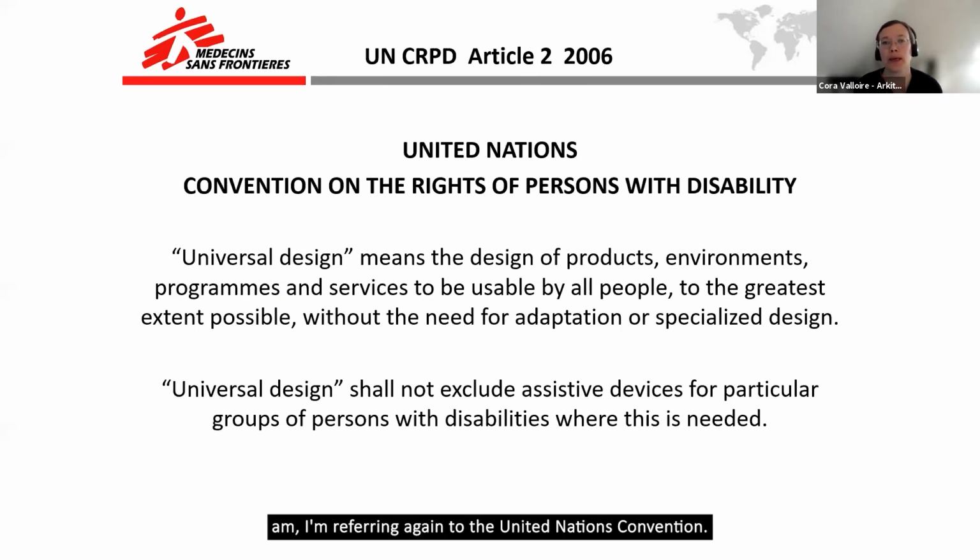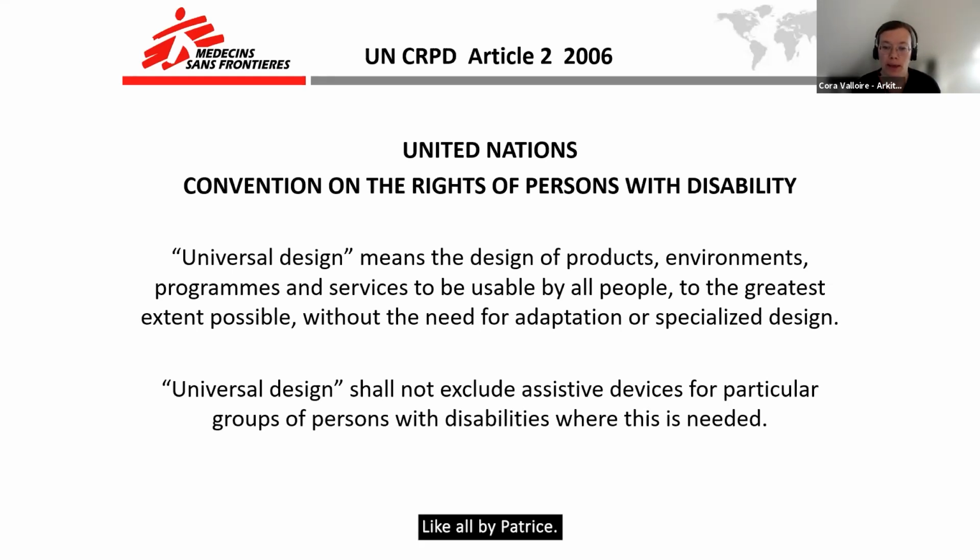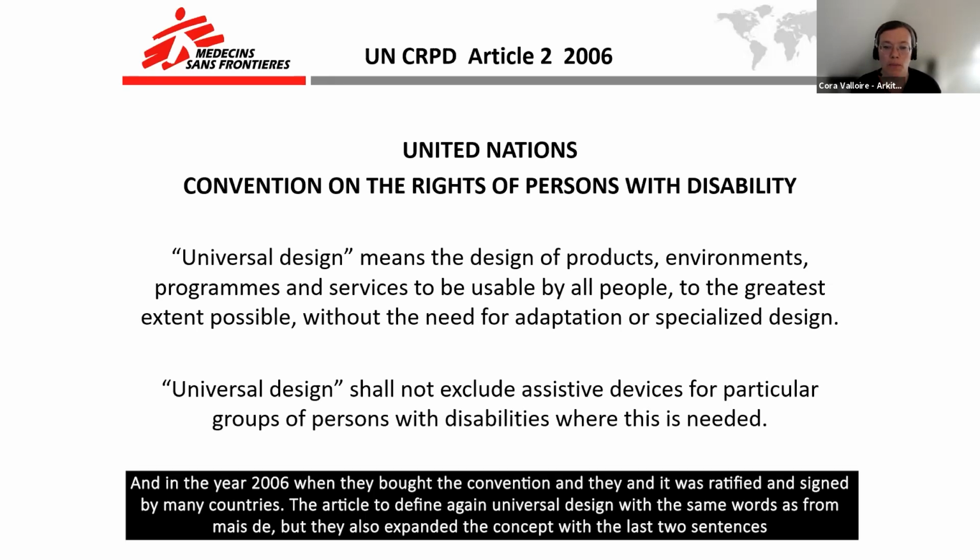I'm referring again to the United Nations conventions, like Patrice did. In 2006, when the convention was written, ratified and signed by many countries, Article 2 defined universal design again with the same words as Ron Mace did.